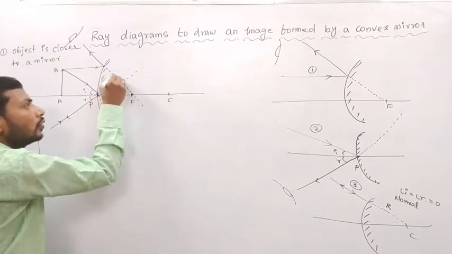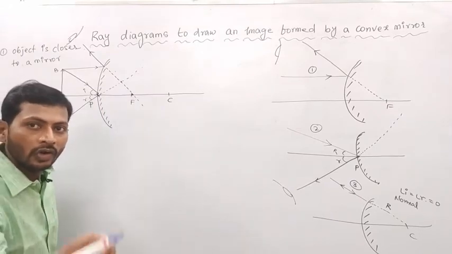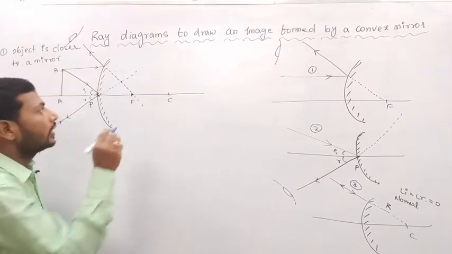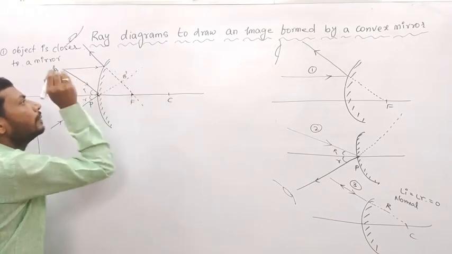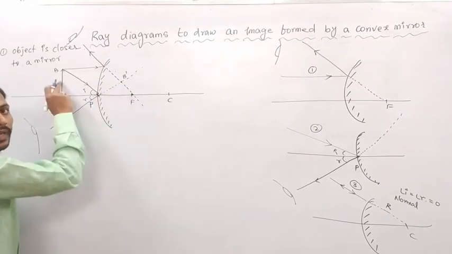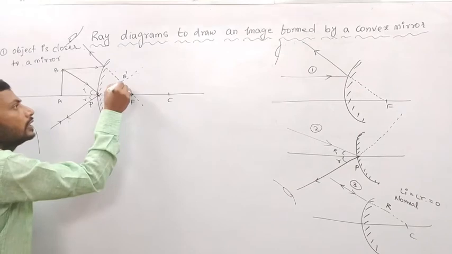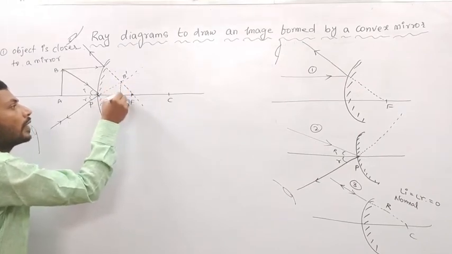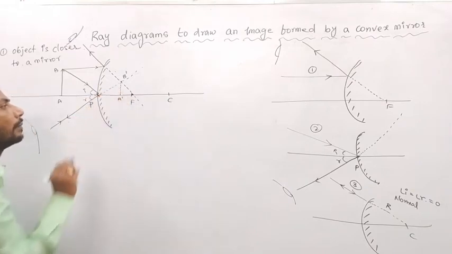These two reflected rays meet at this location. Where they meet, that location gives the image. This location I have named B dash because it is the position due to B. That's why the name given is B dash.